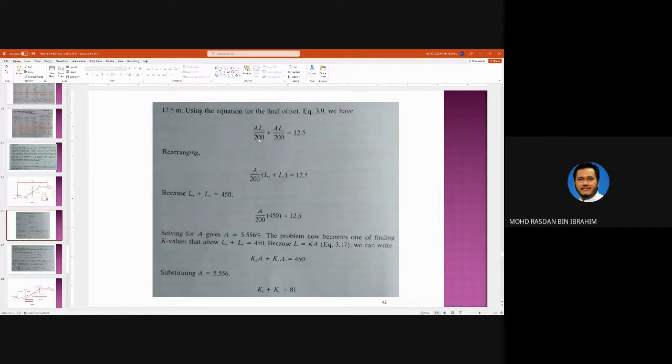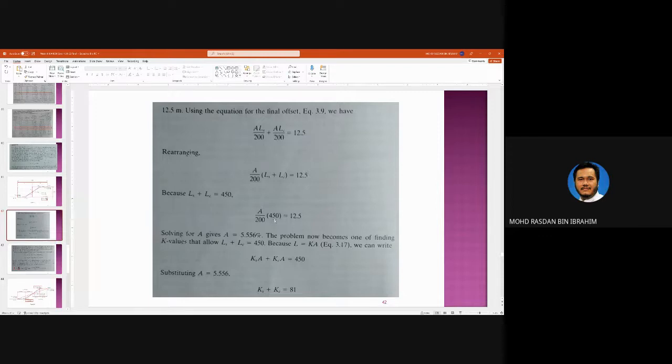So YF equals A LS over 200 plus A LC over 200, and you get 12.5 meters. You rearrange these values and plug in the value of LS plus LC equals 450 meters.